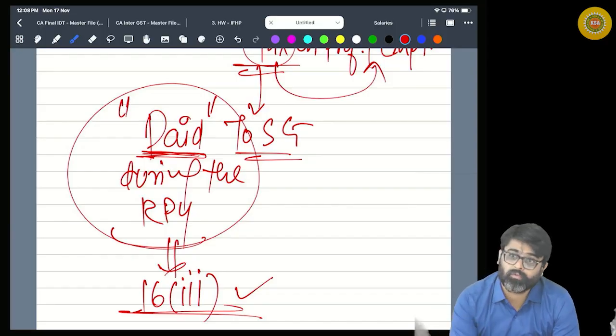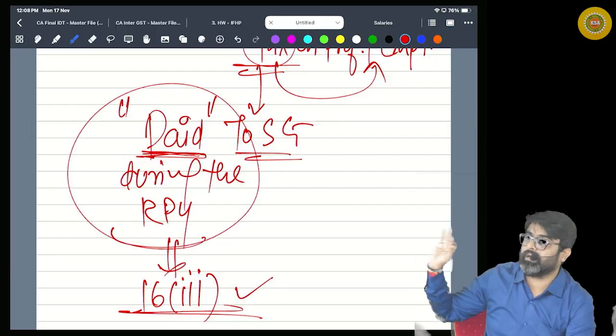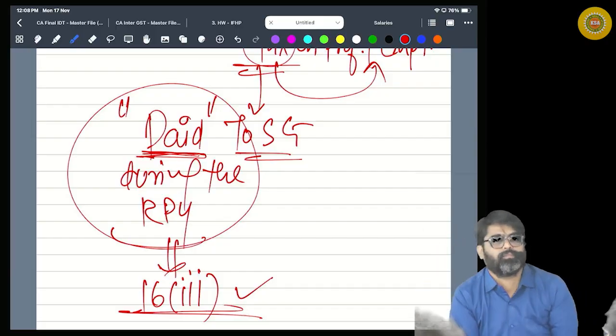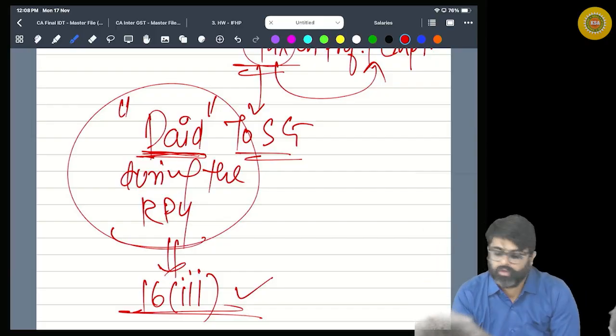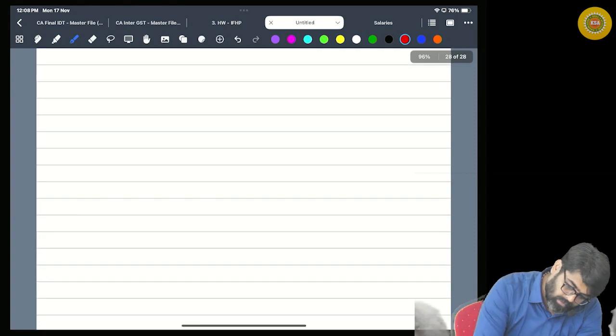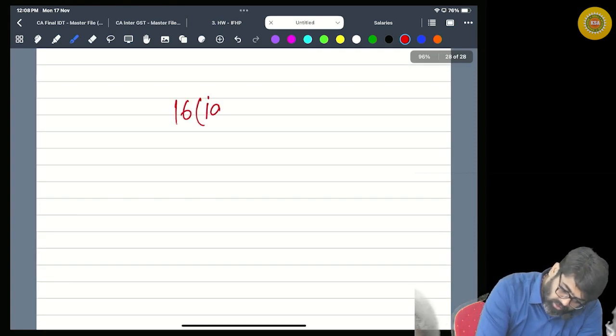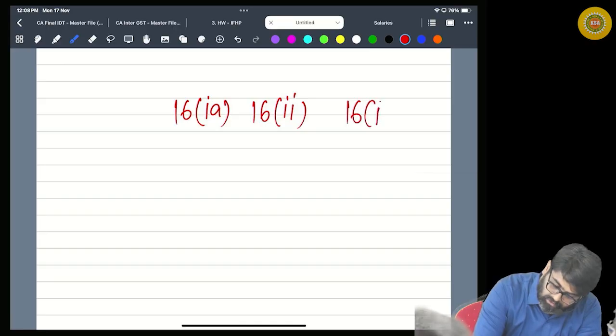But if you follow 115BAC, then the deduction for professional tax will not be allowed.